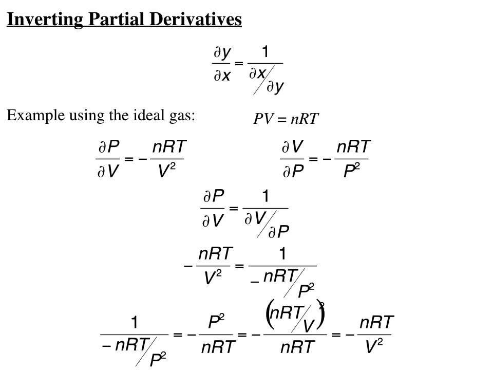So we can show that this is true in that particular case. Maybe what you would like to do is take another simple equation like D equals M over V and see if you can find the partial of D with respect to M and see if that is equal to 1 over the partial of M with respect to D, and it should be because this holds in all cases.